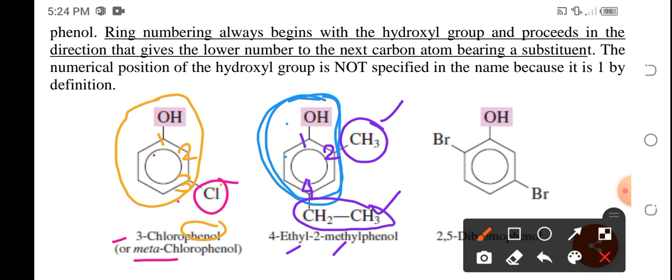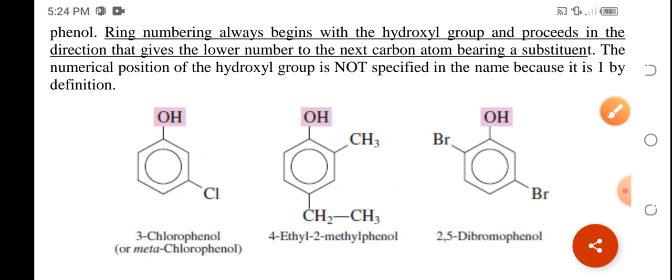Ethyl is at carbon number 4 and methyl is at carbon number 2. The parent chain is phenol. So therefore, the name is 4-ethyl-2-methylphenol. Still, the rule for the dash applies here wherein it will separate number from a word, and there should be no space between the last name of the substituent and the parent chain.